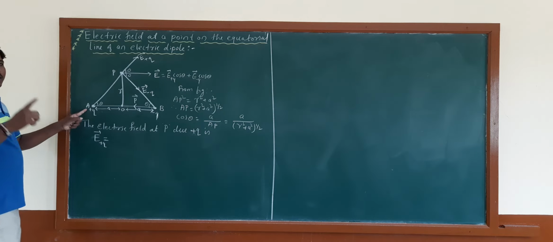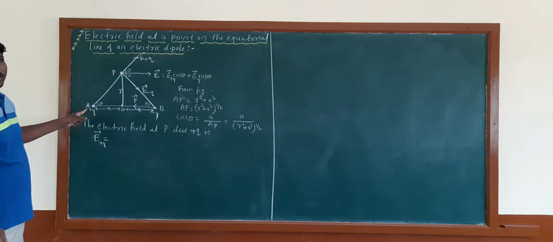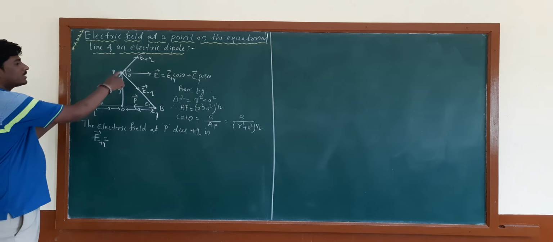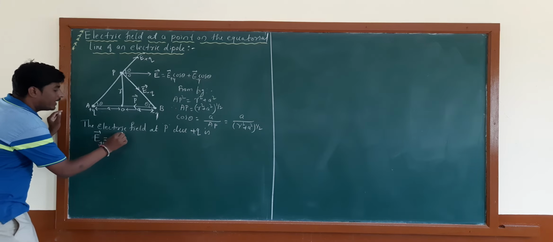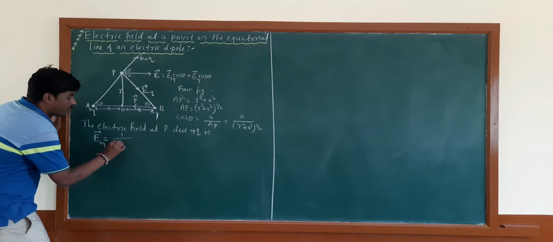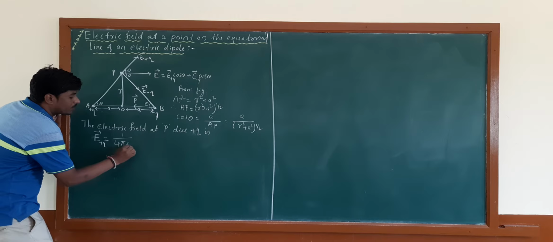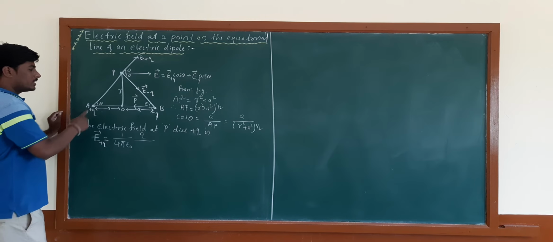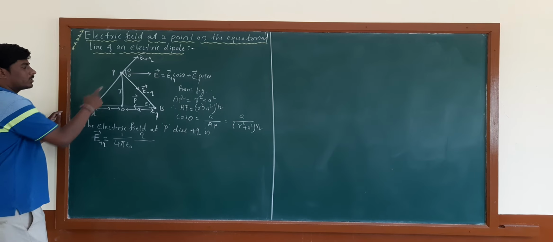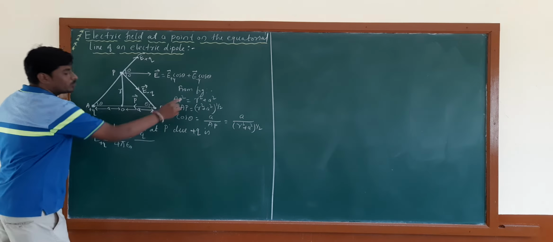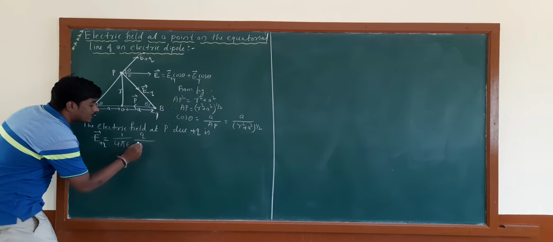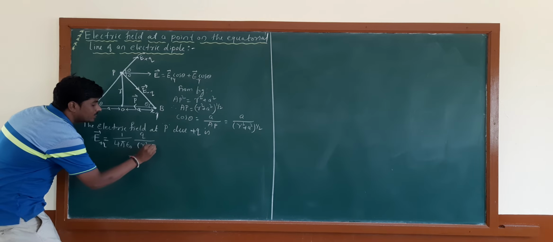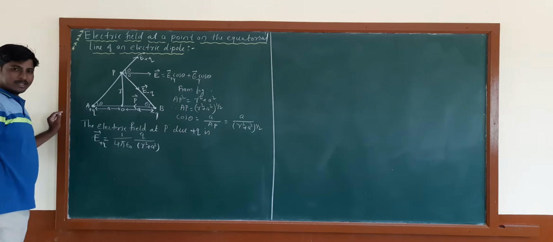Because we know that E is equal to 1 by 4 pi epsilon naught Q divided by R square, at a distance R we have R square. Here the distance is AP, so we write 1 divided by 4 pi epsilon naught Q divided by AP square. AP square is equal to R square plus A square.